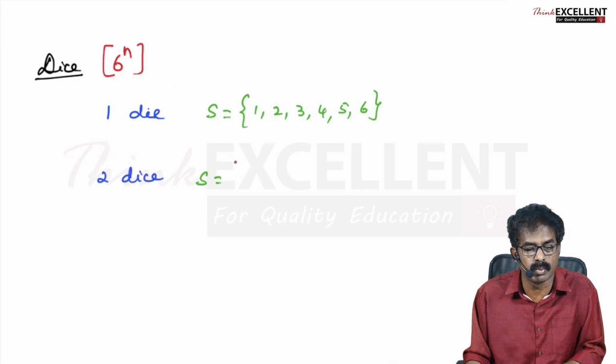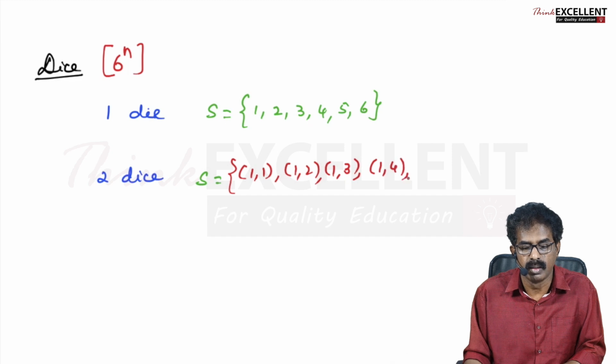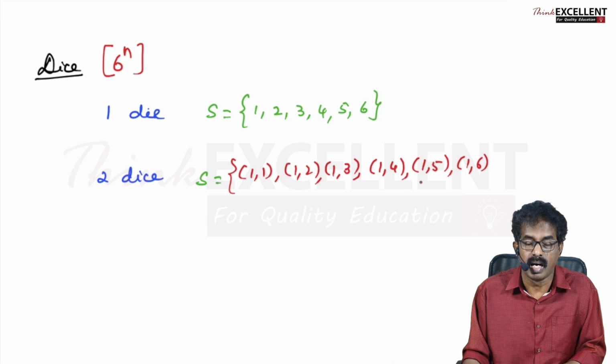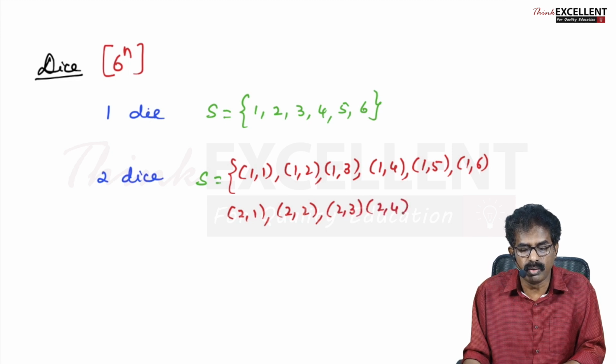See how to write this. What are the 36? Both may show 1: (1,1), (1,2), (1,3), (1,4), (1,5), (1,6). Or first may show 2: (2,1), (2,2), (2,3), (2,4), (2,5), (2,6).